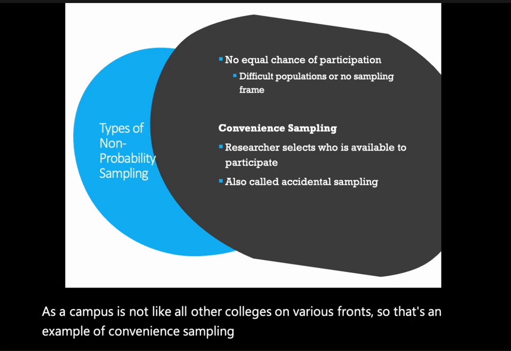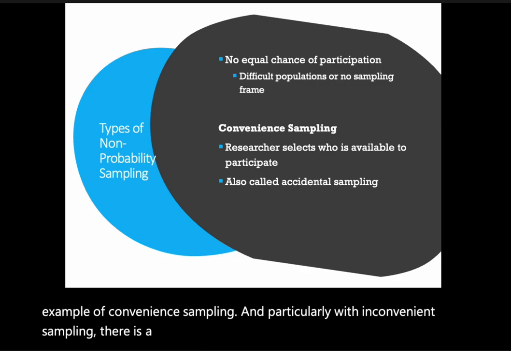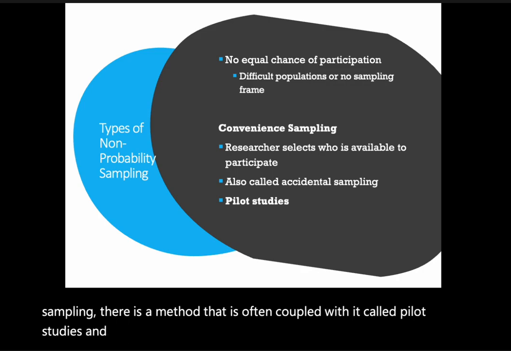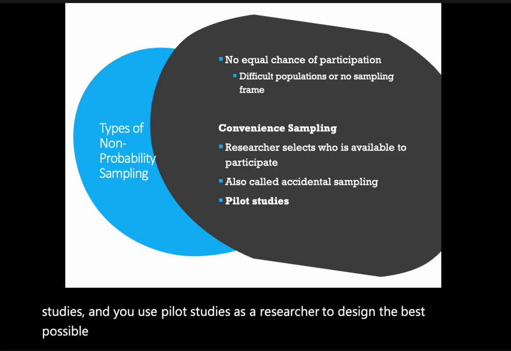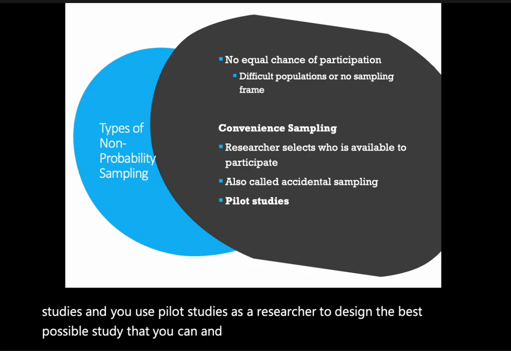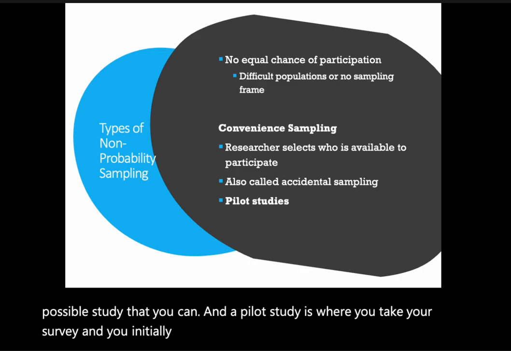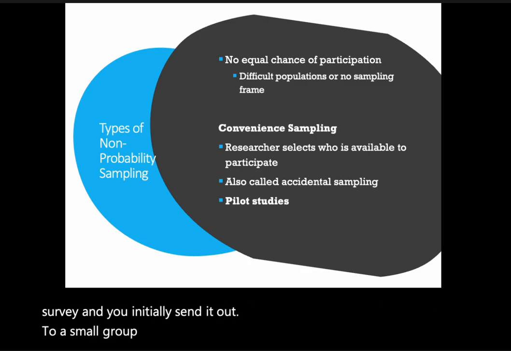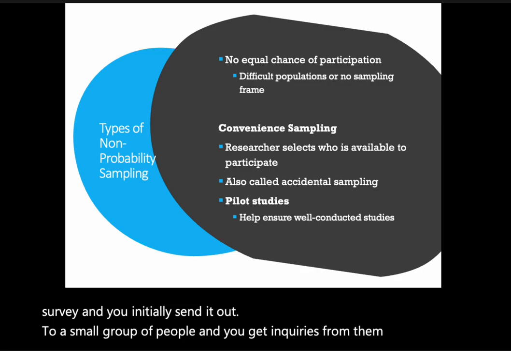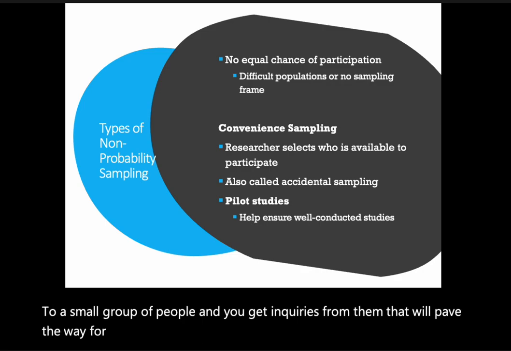And particularly with convenience sampling, there is a method that is often coupled with it called pilot studies. You use pilot studies as a researcher to design the best possible study that you can. A pilot study is where you take your survey and you initially send it out to a small group of people and you get inquiries from them that will pave the way for a larger study on that topic.